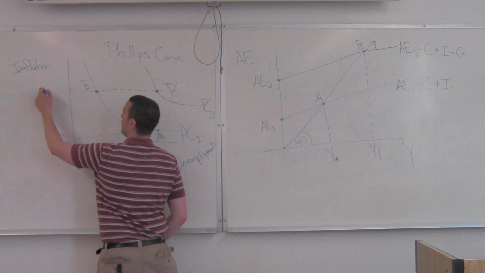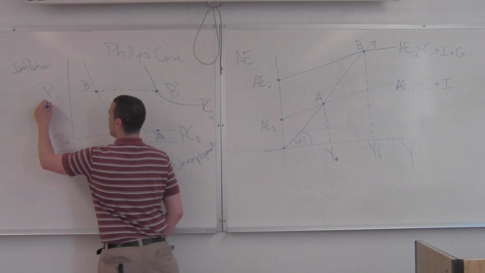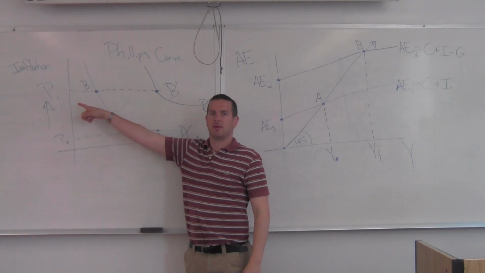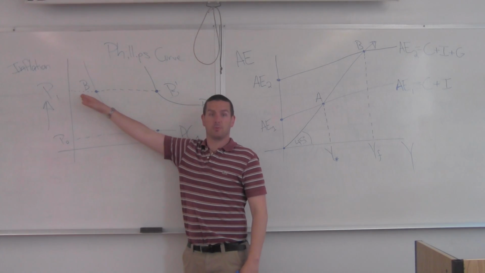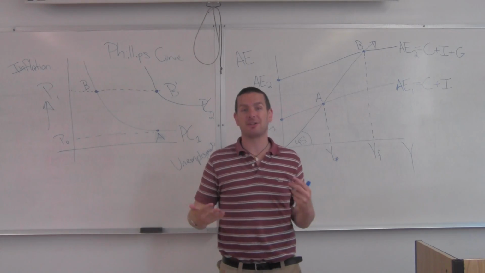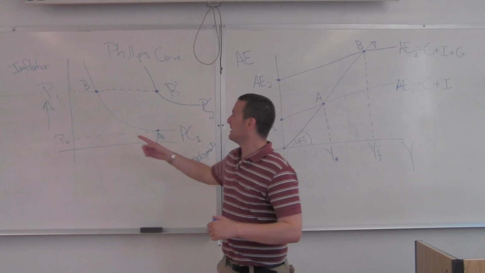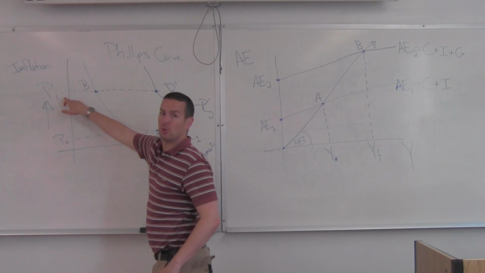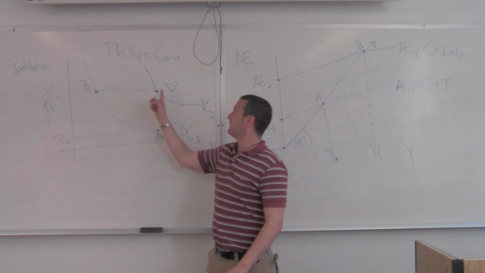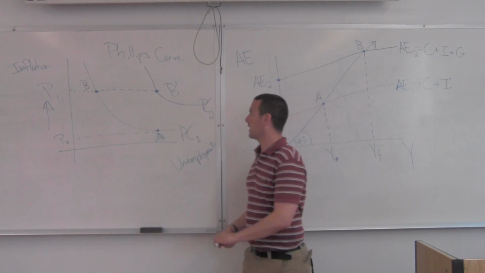This is our new level of prices. So prices have gone up, and now that prices are still pretty high, if everyone asks for a raise, the boss has to fire some people. Which means that even though prices are still at P1, unemployment now goes from B to B prime. Okay?